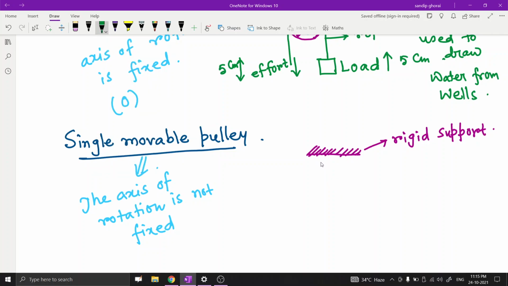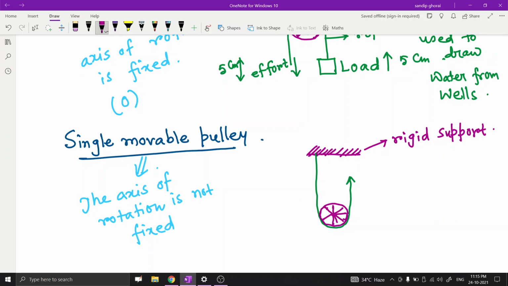The pulley is placed like that. This is the position of the single movable pulley.